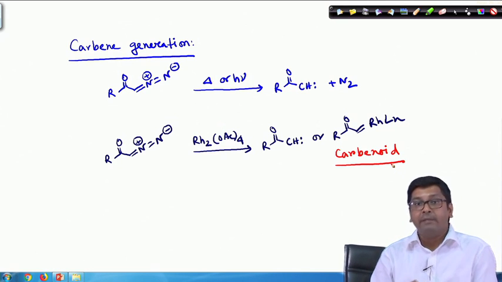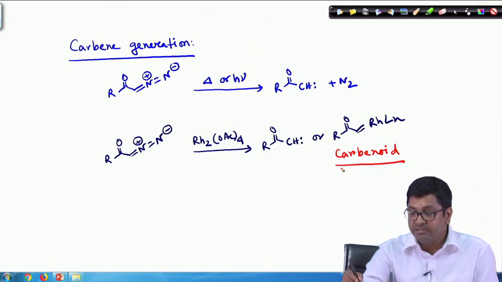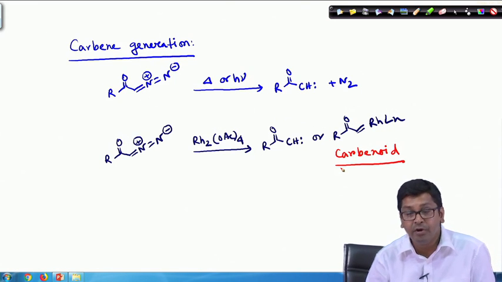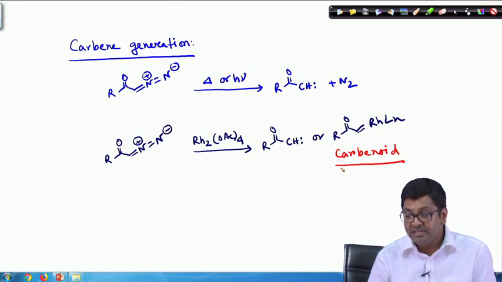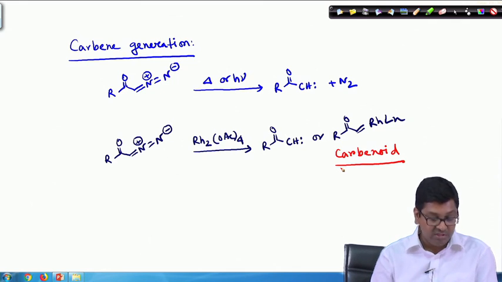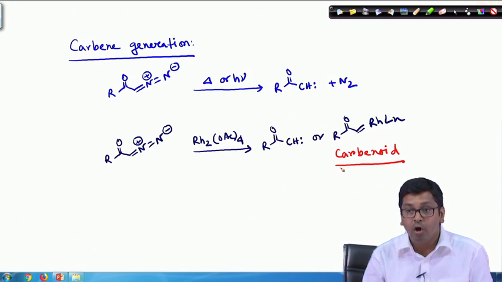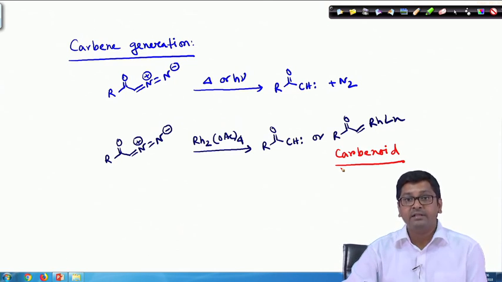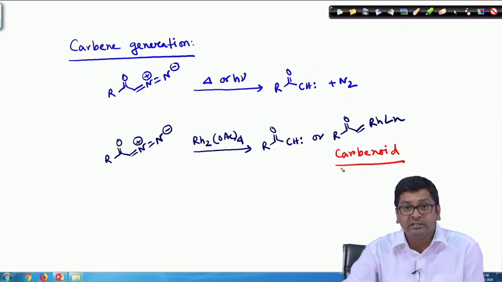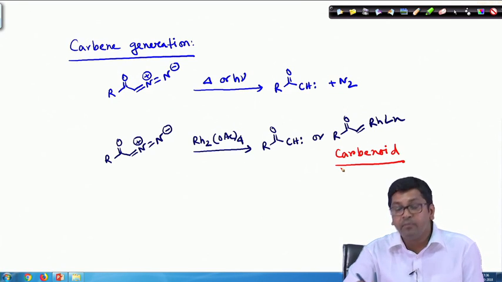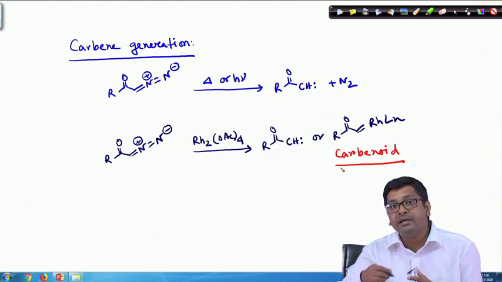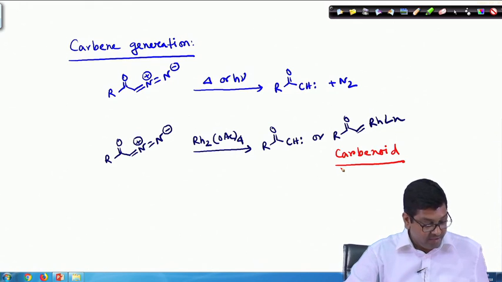Like in this case, it is bound to this transition metal rhodium, and this is called the carbenoid species, but they react in a similar fashion like carbenes. On many occasions we will show that this type of carbenoid is generated during the reactions, and that actually reacts in a similar way like carbene works. Okay.